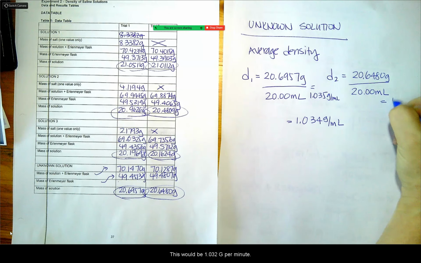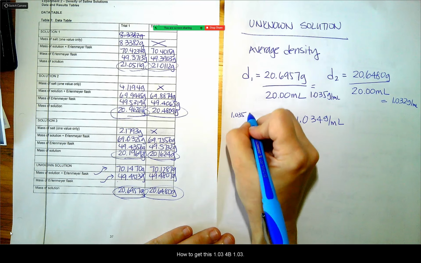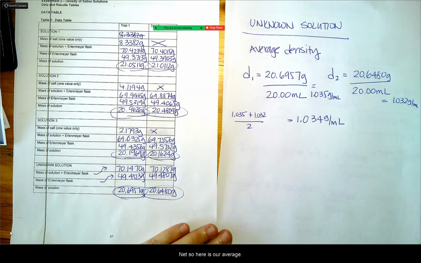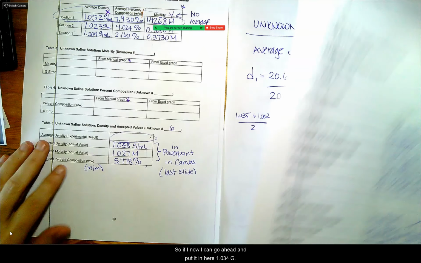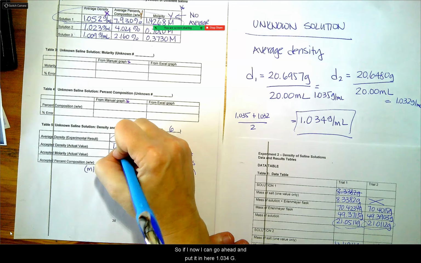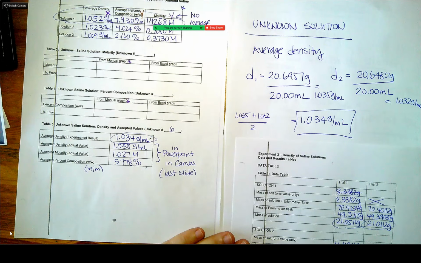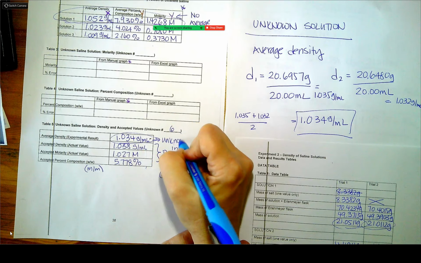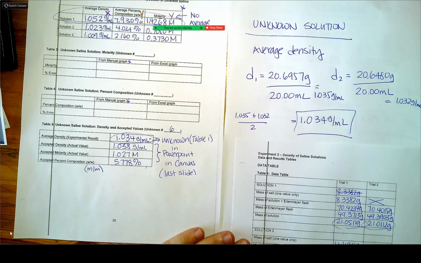This would be 1.032 grams per mil. And to get this 1.034, it would be 1.035 plus 1.032 divided by 2. Okay, so here is our average. So now I can go ahead and put it in here, 1.034 grams per milliliter. This is your unknown from your unknown data in table 1.